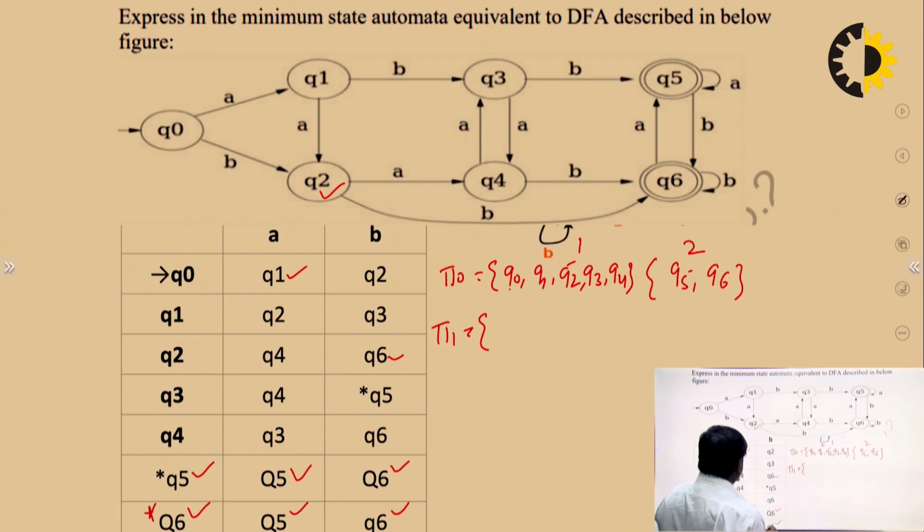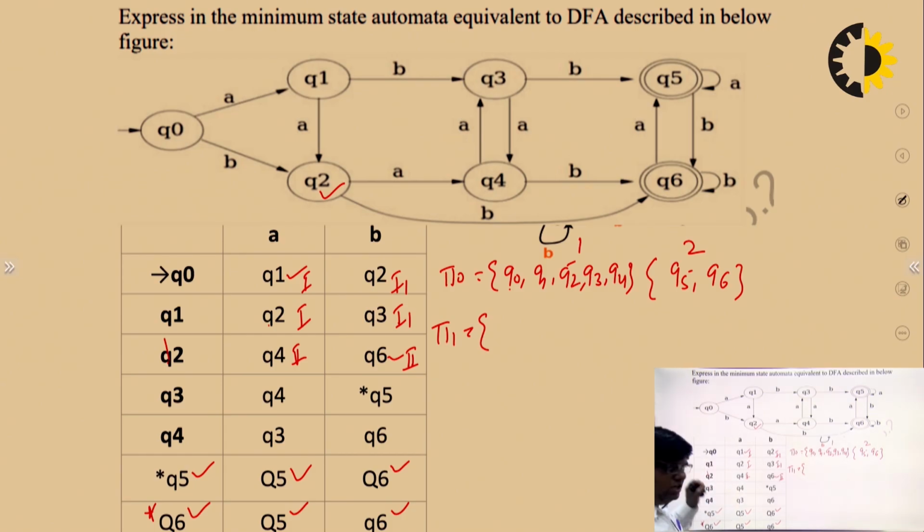Now Q1, Q2 from Q0, Q1: this lies in set 1 and this lies in set 1 again. And from this transition, it is again set 1 and set 1. It means these two have a similar behavior. We next test Q2. Now Q2, it is set 1, now it is set 2. It means Q2 does not have a similar behavior with Q1 and Q0.